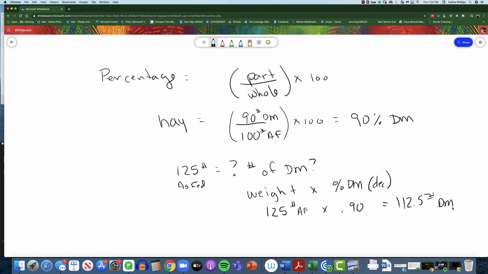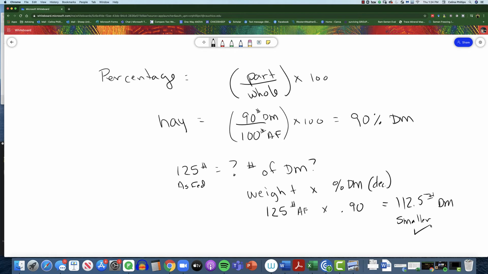If we go back to our previous example where we talked about how water makes feeds heavier, then if we are going from as fed to dry matter for a weight, we should be getting a smaller number. We're removing the water, so we should have fewer pounds. And you know what? That's what we did. And so that's an example of how that percentage works.